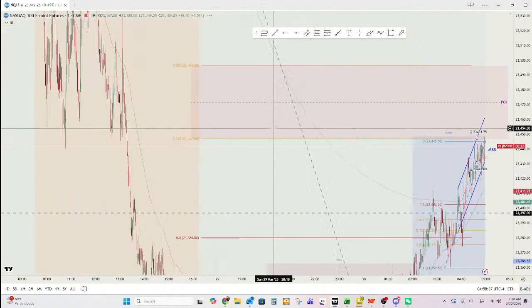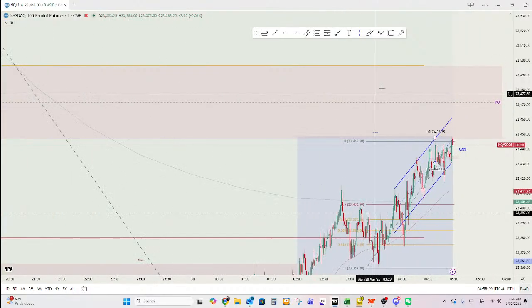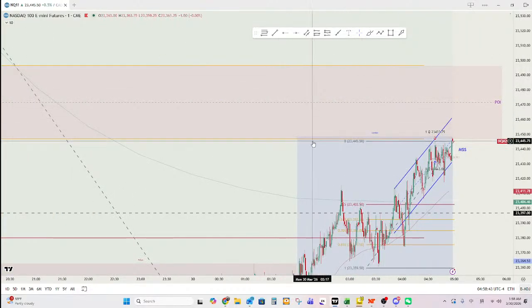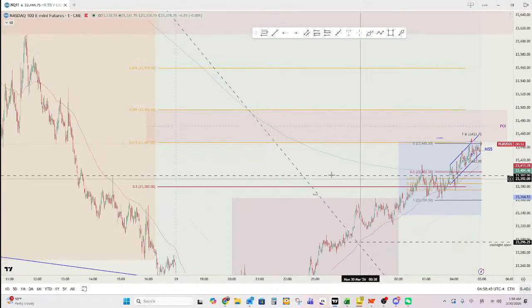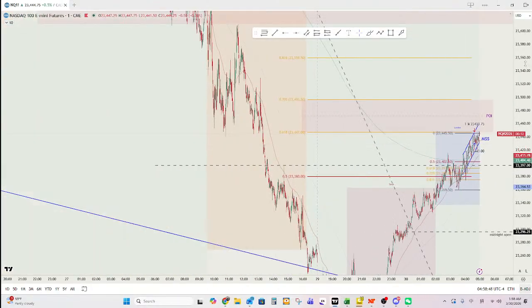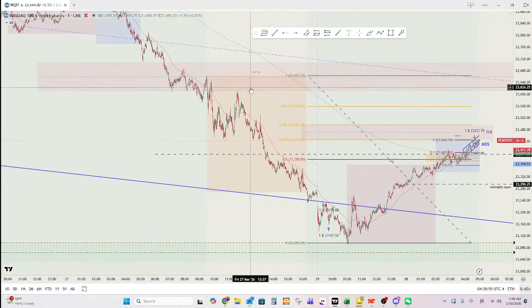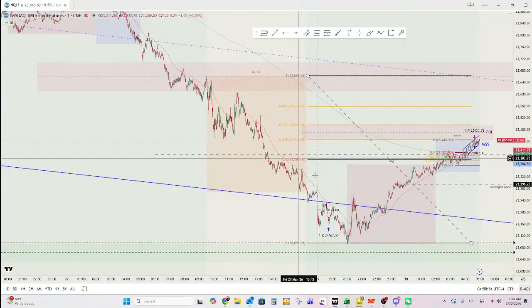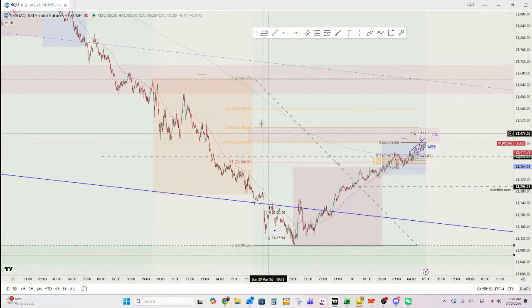So why am I interested in this level? Because if I take the low of the New York high until the swing low, I do this.